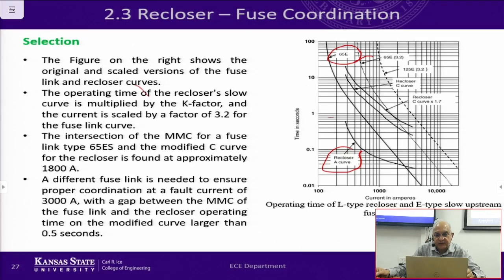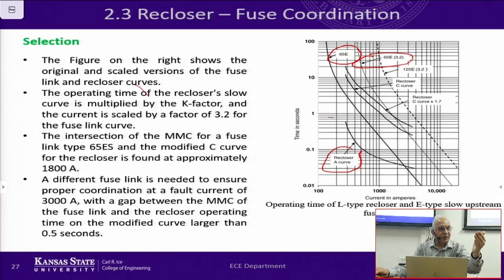So the 3-point fuse characteristics have to be scaled up because of the voltage change. When you draw the graph, you have to make the adjustment because you are looking at the fuse being on the high side.